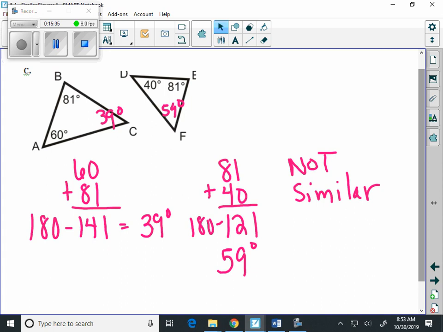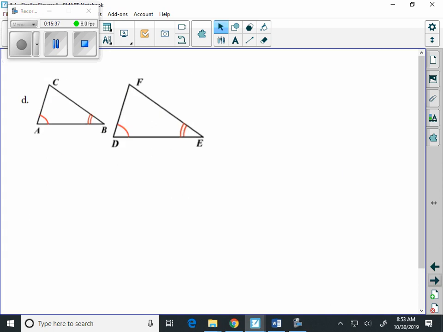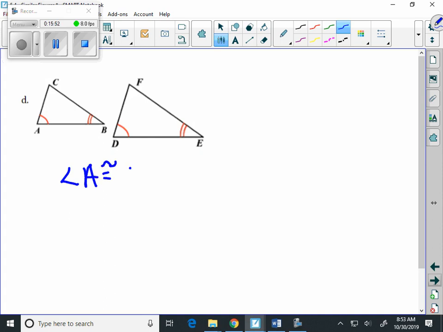As we get close to finishing, again, we don't have a value on these, but the way that we can justify our answer is we can say that angle A, which has 1 tick mark, is congruent to angle B. And we can say angle B is congruent to angle E, because each of those angles have 2 tick marks in them.